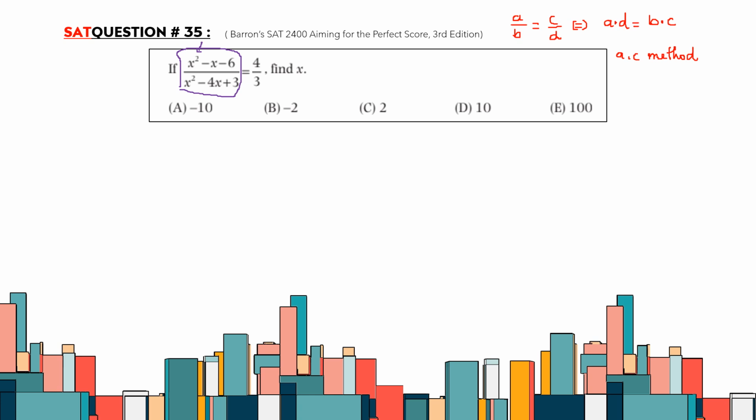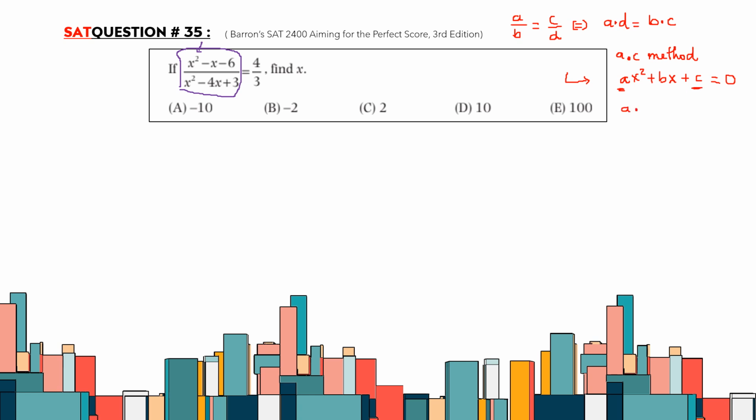The AC method, for summary, is when you have ax squared plus bx plus c equals 0. That is the standard equation. We have to convert the equation into this form before we start doing the AC method. And AC method means A times C.